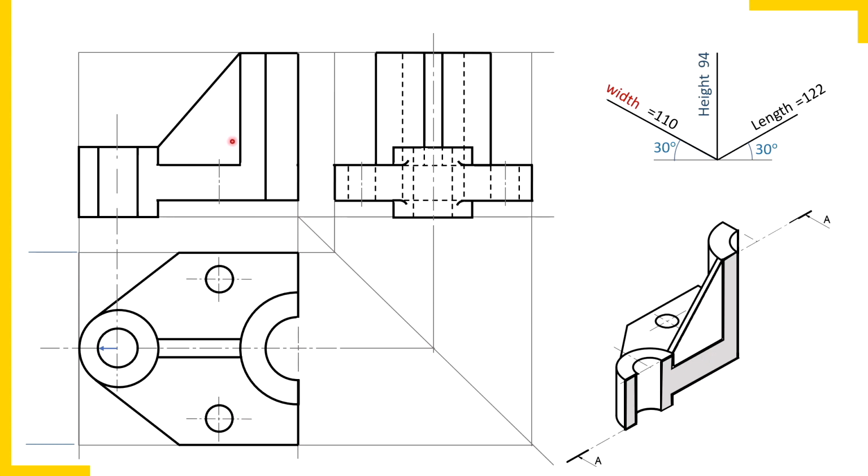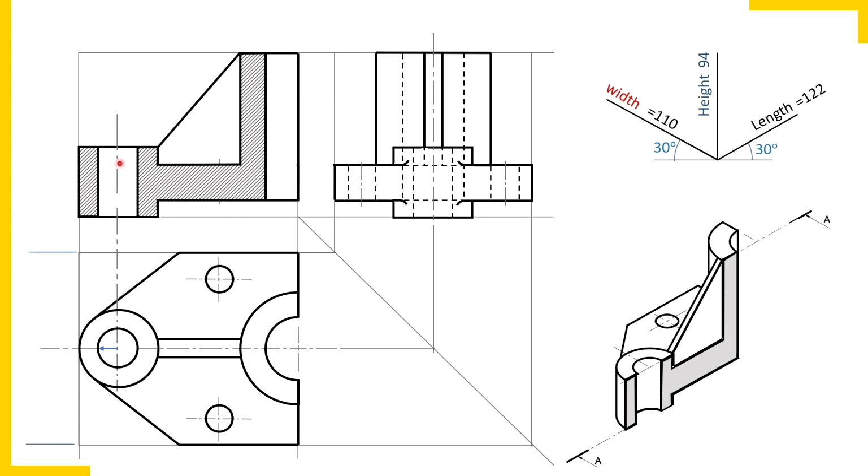So one more rule on sectional views. If the largest surface of a plate appears in sectional view, then don't draw hatching lines on that surface. So here on this trapezoidal surface, we are not going to draw hatching lines. So let's show the hatching lines. Watch here. 45 degrees inclined lines, faint lines.